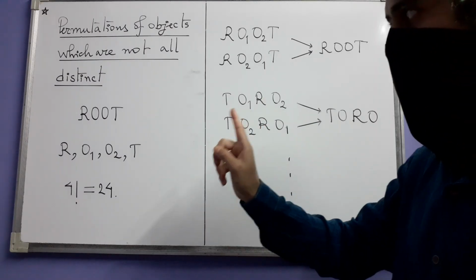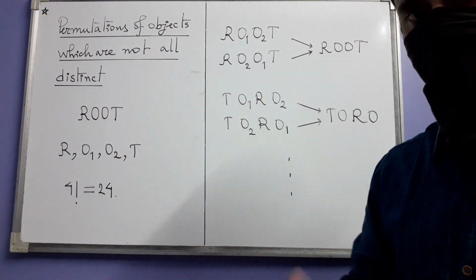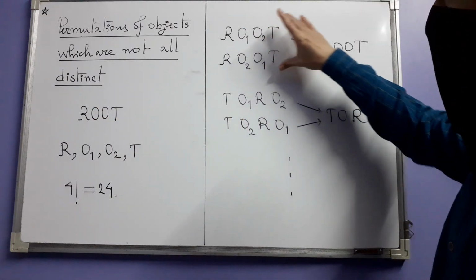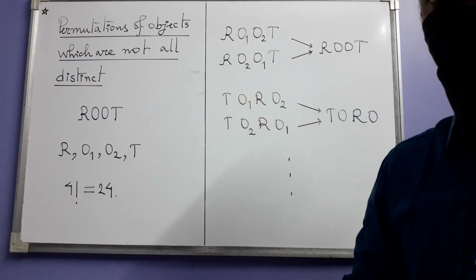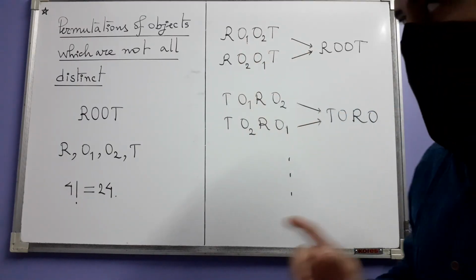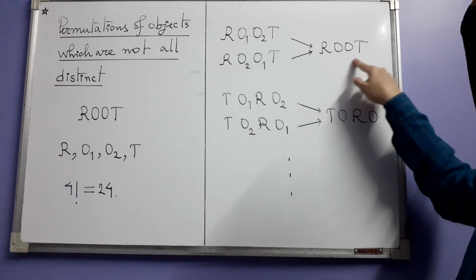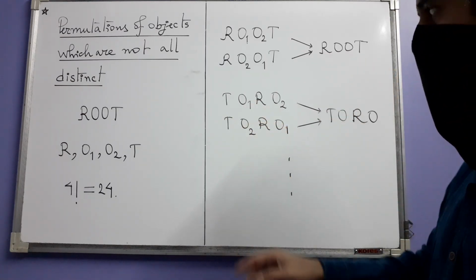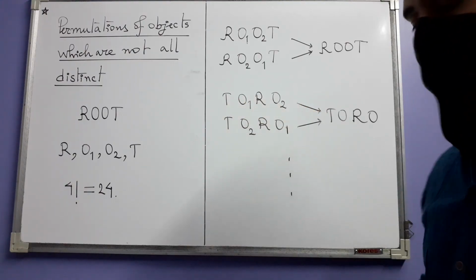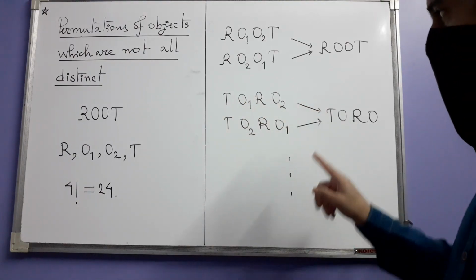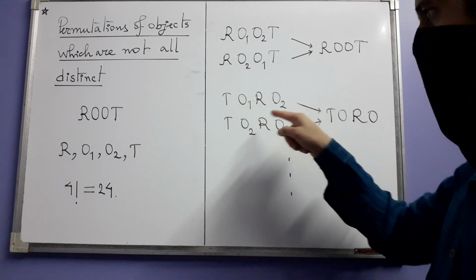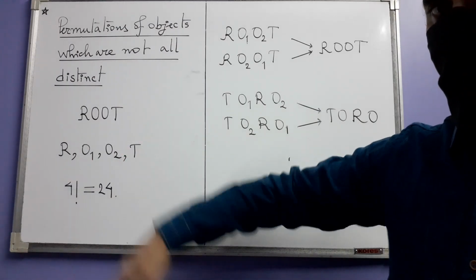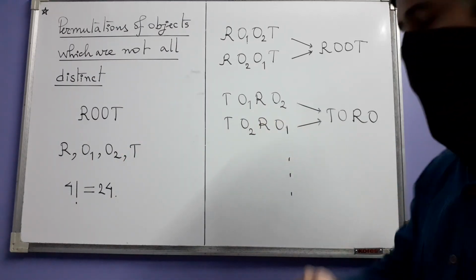However, actually because these two O's are identical, you are not really getting two different arrangements. Originally, you just simply get ROOT. Similarly, in another type of arrangement, you have TORO, which just simply is TORO, but because of the way you are counting things, you get 2.